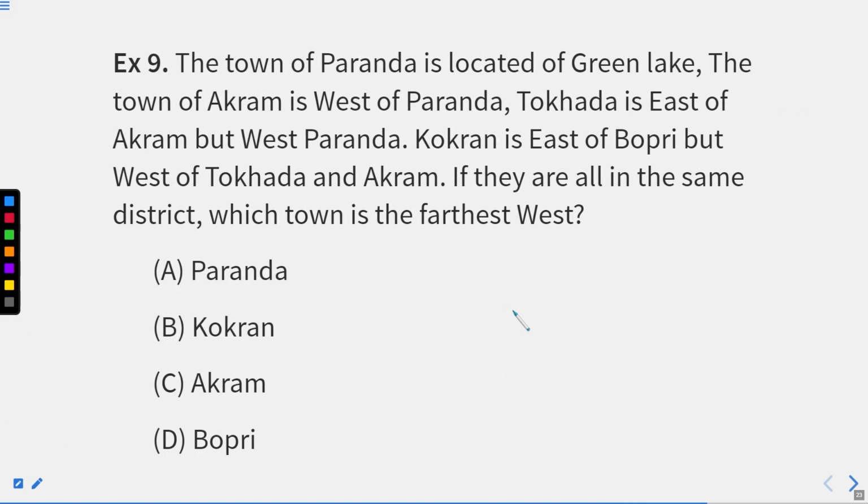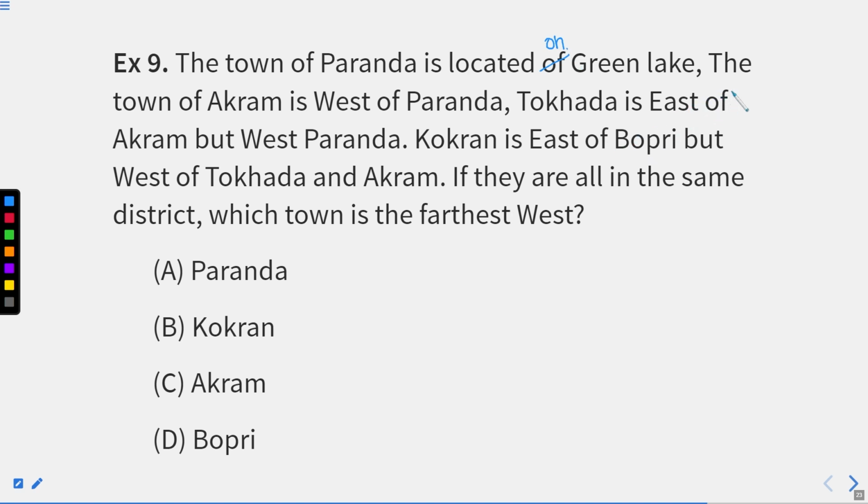Now the second last question for you, right? Now read the question properly, give time and try to attempt it by yourself, right? Till the time I explain the solution as well, right? So the question says that the town of Paranda is located off Green Lake. Off, instead of off, we'll write it on, right?